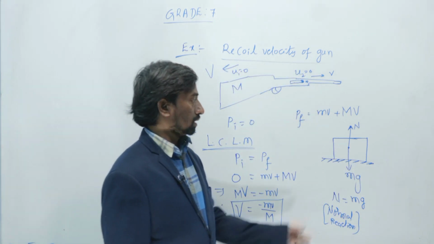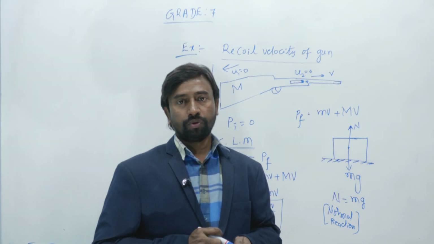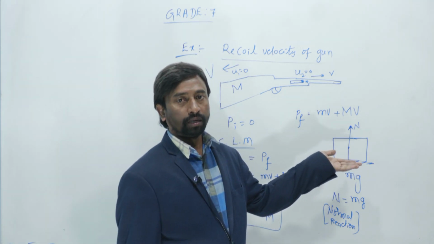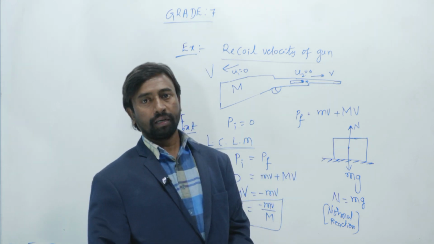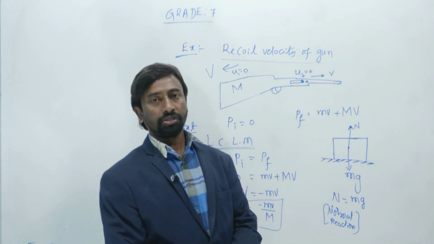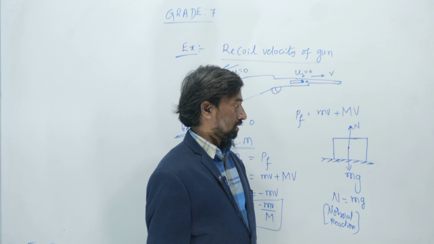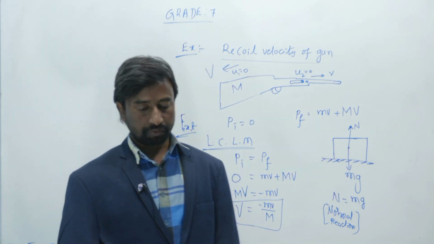Normal reaction is the reaction force exerted by the surface on the body whenever the body is placed on the surface, and it acts perpendicular to the surface in the upward direction. That is called the normal reaction force. This is also an example of action and reaction forces.